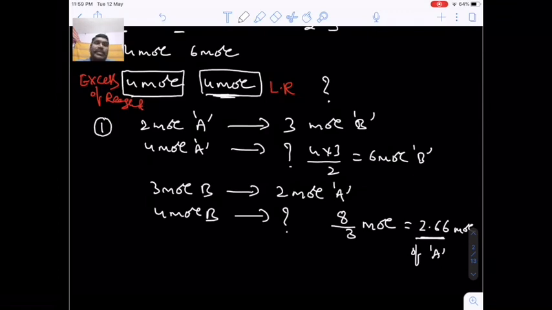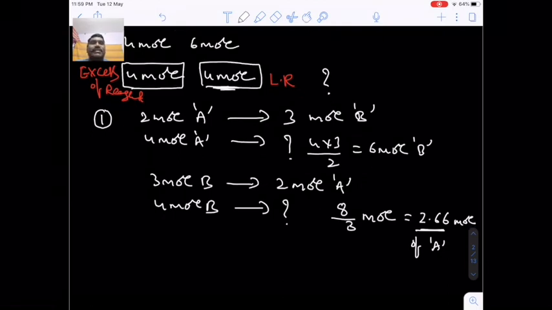But you require only 2.66 moles. That means reactant A will be in excess quantity. This is one method.